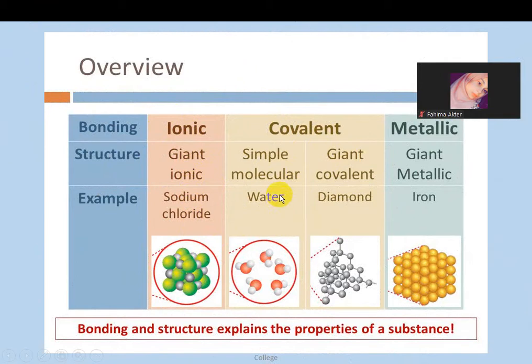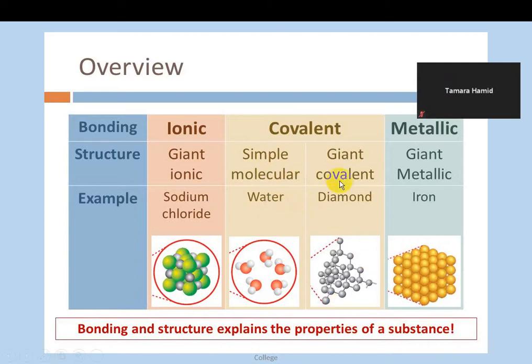Covalent bonds form 2 types of compounds: simple molecular, for example water, and giant covalent, for example diamond. In simple molecular compounds the bond is formed by covalent bonds, and only weak intermolecular forces are present.